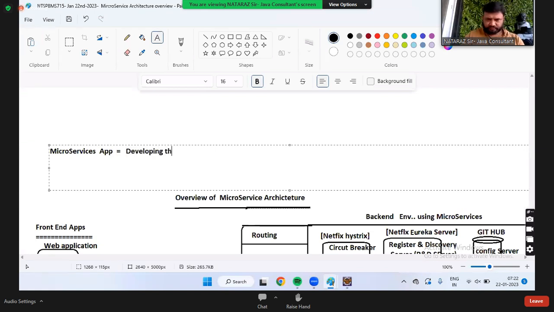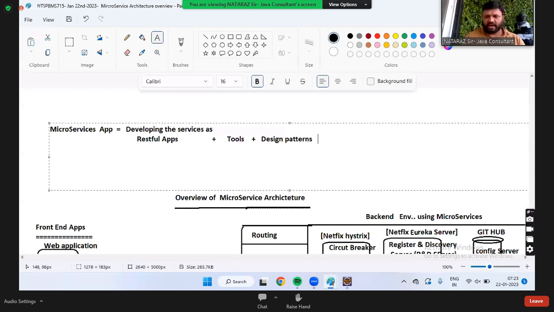Developing the services as RESTful applications plus tools, design patterns. Okay, guys, design patterns and etc.